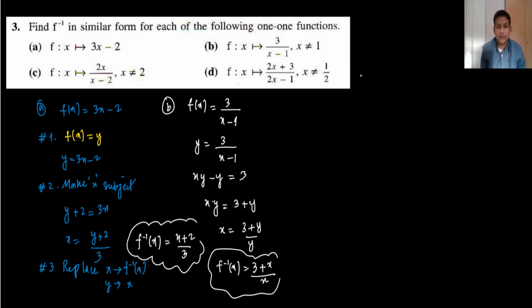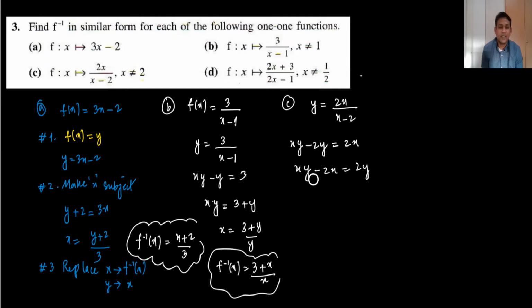Moving to part C now. F of x should be equal to y, so I'm doing directly now. Y is equal to 2x upon x minus 2, where x is there 2 times. There is no problem. When you have x 2 times, to make it the subject always keep x on the left hand side. Xy minus 2y is equal to 2x. In this situation, you have to keep all the x on the left hand side. So xy minus 2x, and this we can shift to the right hand side, 2y.